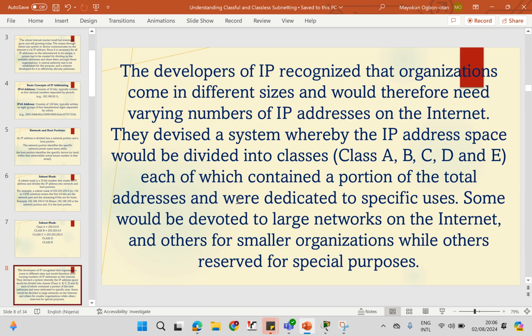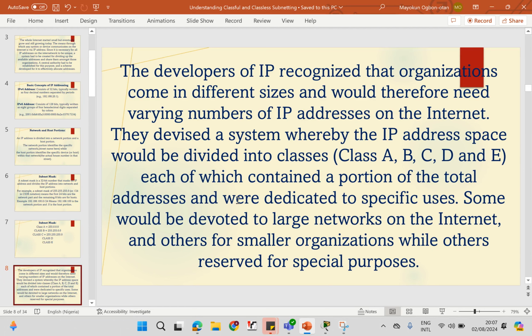They devised a system whereby the IP address space would be divided into classes: class A, B, C, D, and E. They designed these classes to meet the needs of small companies, medium companies, and very large companies, each of which contained a portion of the total addresses and were dedicated to specific uses.